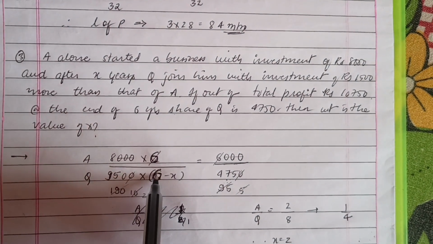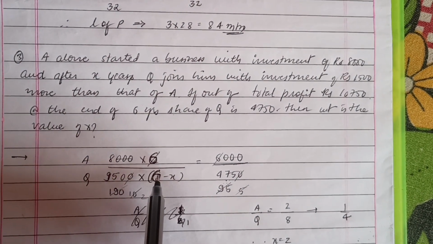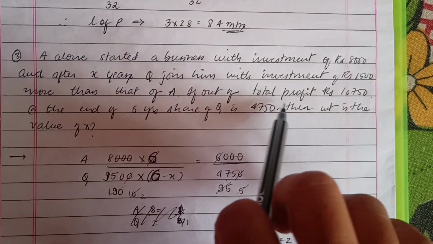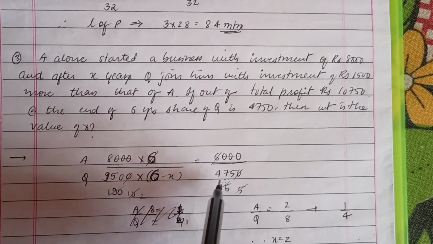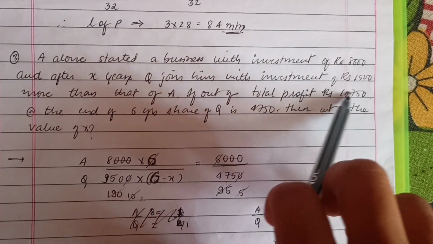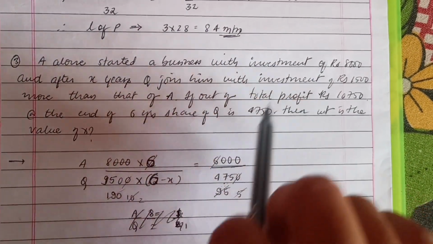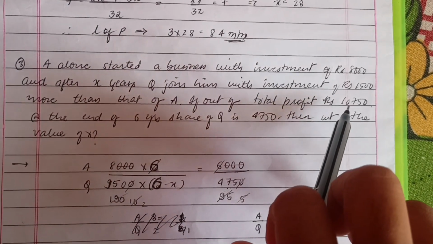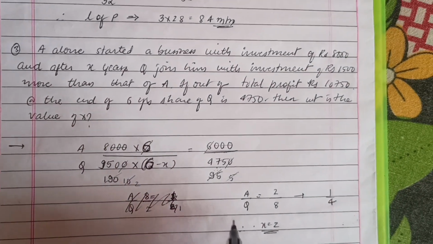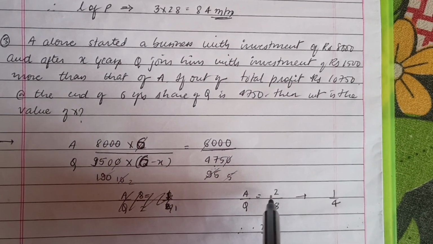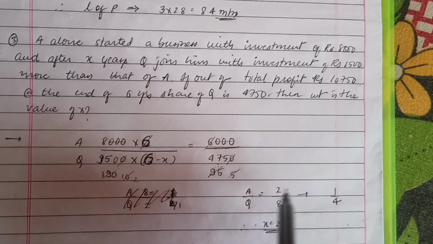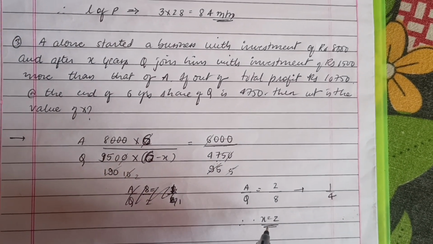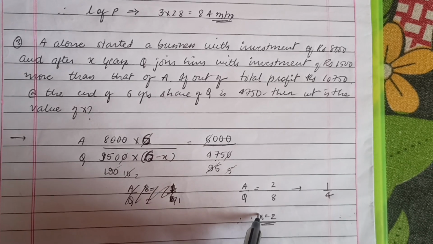Here they have given the share of Q as 4,750, and we know the total profit is 10,750. If I subtract 4,750 from 10,750, we get 6,000, and finally A by Q will be equal to 2 by 8, that is 1 by 4. But this 1 by 4 is equal to 1 divided by 6 minus X. Therefore X will be equal to 2.